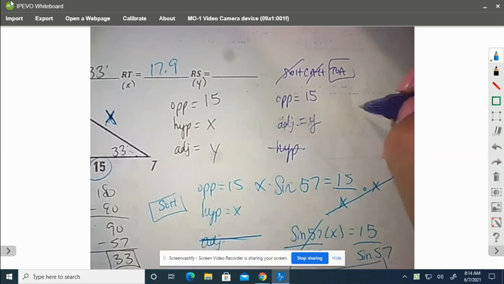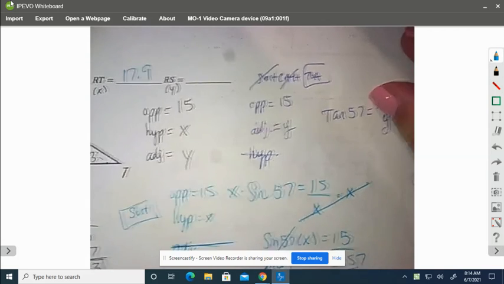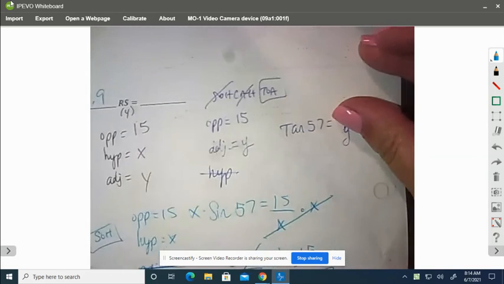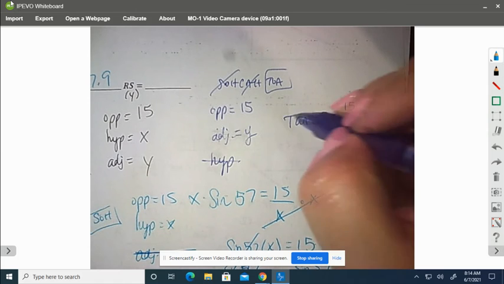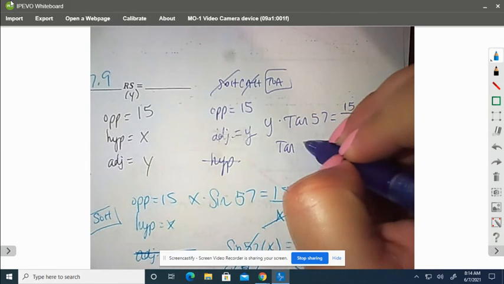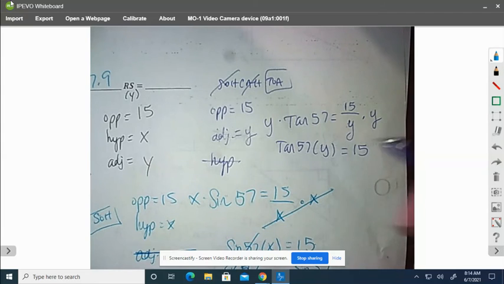So for this one, I'm going to do tan of 57 equals opposite, which is 15, over adjacent, which is y. Okay, so I'm going to multiply by y on both sides. I have tan 57 times y equals 15.